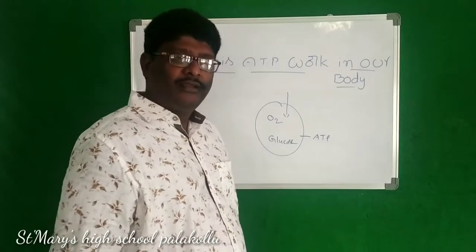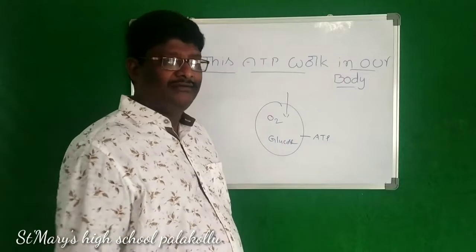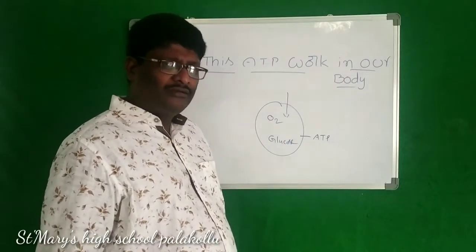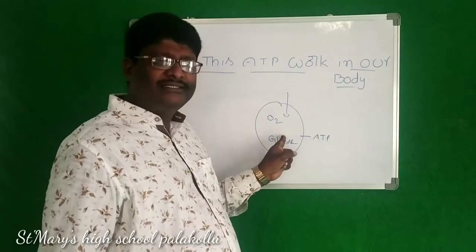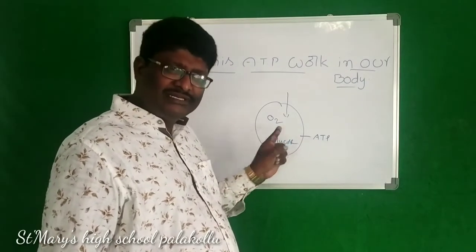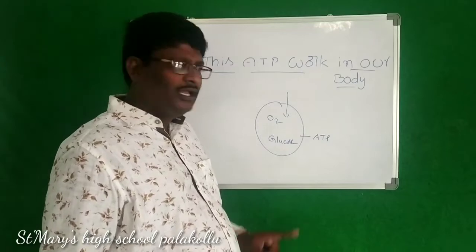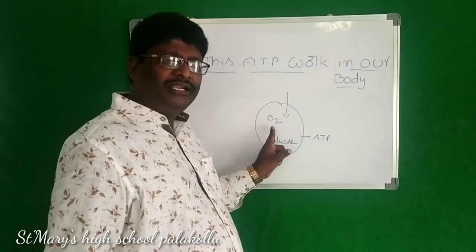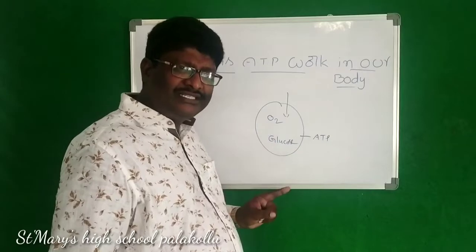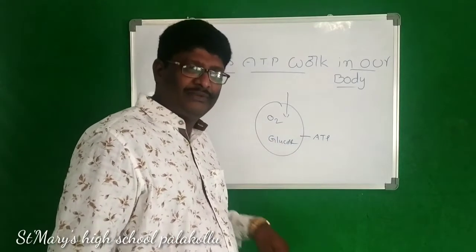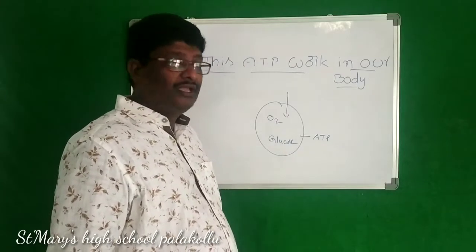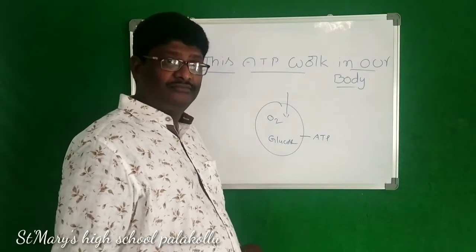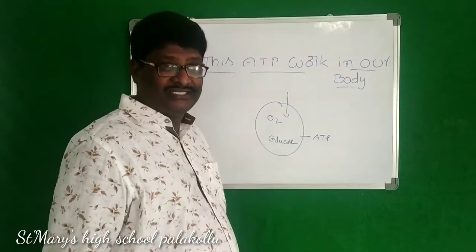But inside the cell, meaning inside the muscle, a deficiency takes place. What deficiency? The oxygen deficiency takes place. So when the oxygen deficiency takes place, the cell will do the respiration process without oxygen.